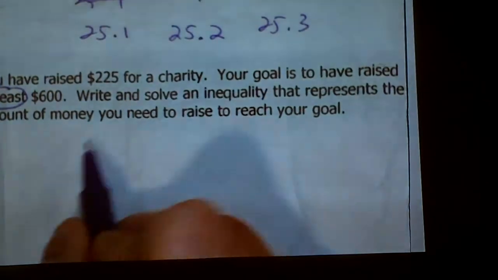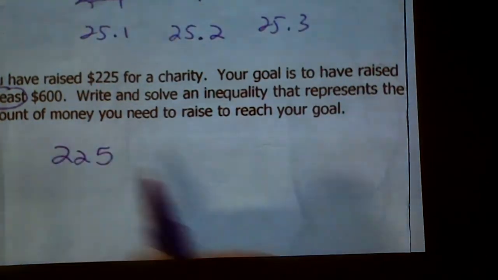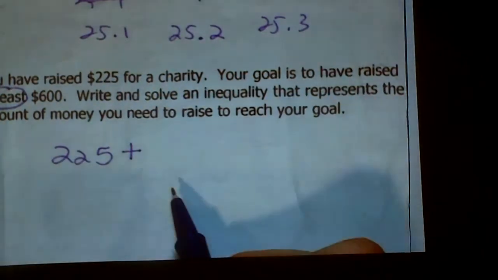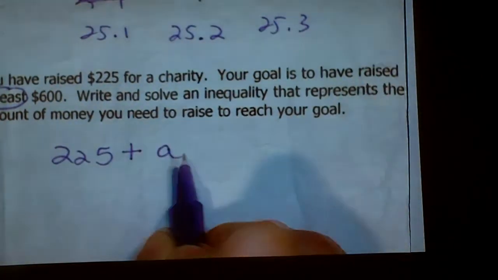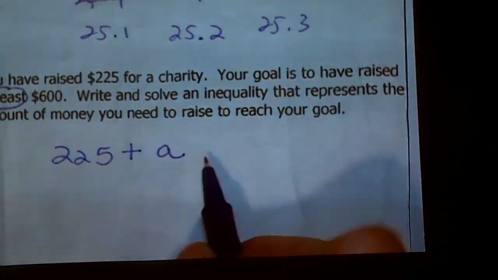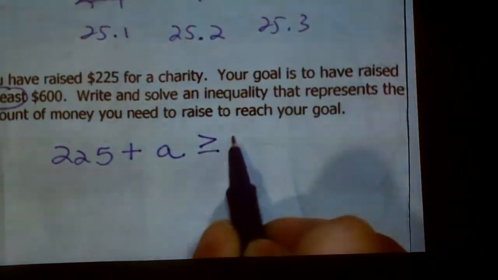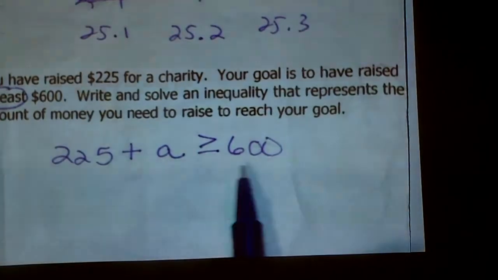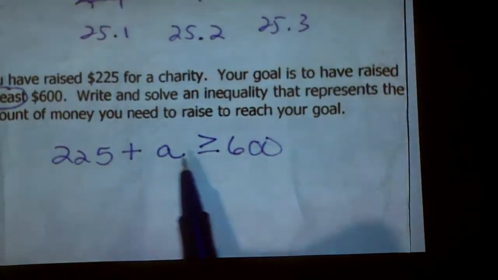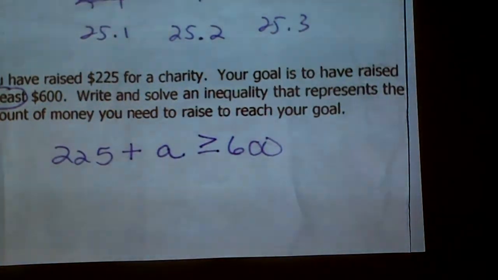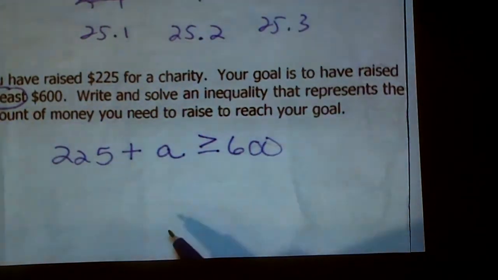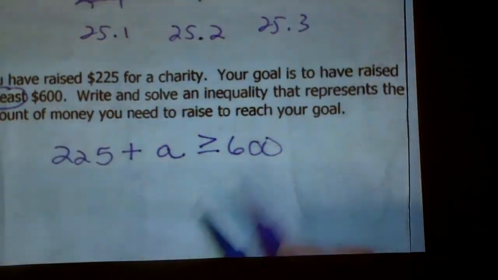So we have $225. I want to know how much more can I raise. So how about A for an amount? So that the amount that I have is greater than or equal to 600. Because this amount here needs to be at least 600, which means it can be more than or equal to. And again, if you use the commutative property and switched it up and wrote a plus 225, that is just fine.